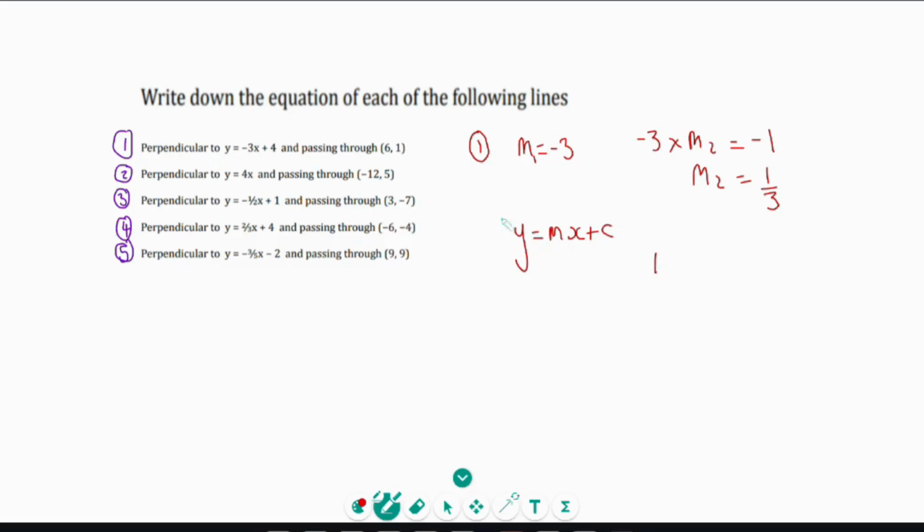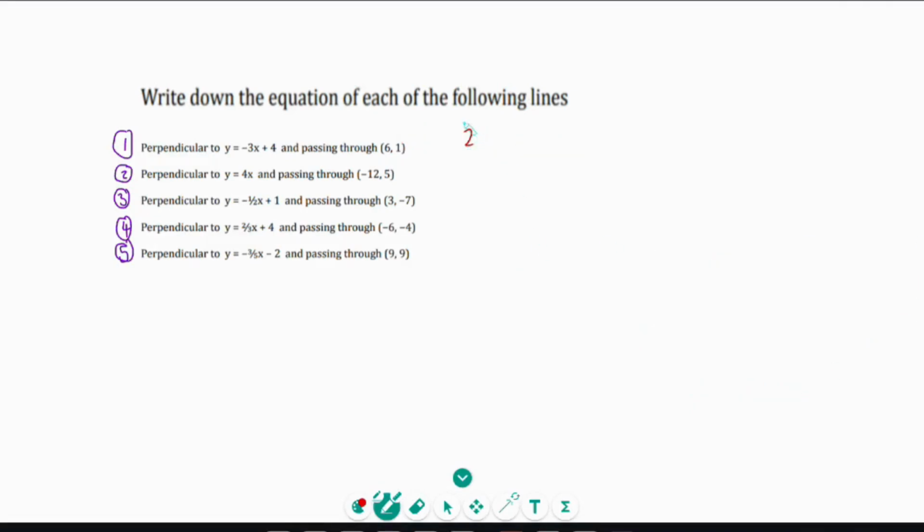So 1, because you've got your y here and your x here. 1 equals 6 times 1/3 plus c. Let's make c the subject by subtracting 2 off both sides. So the equation of the line is y equals 1/3 x minus 1.